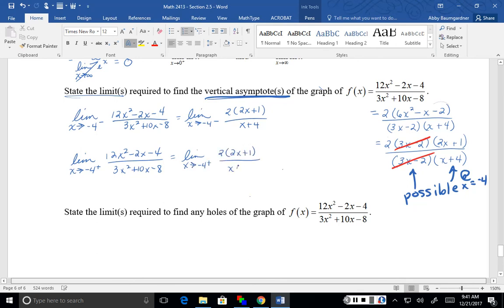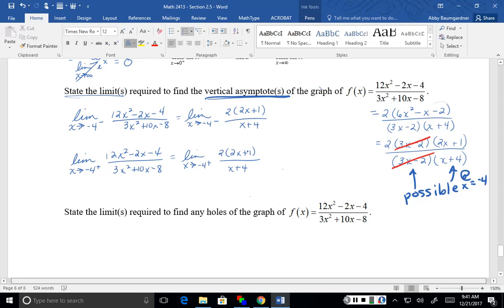Oftentimes on the exam, I will write this as a multiple choice question. So I might have one of these written out. I might have it completely worked out with the answer even, infinity or negative infinity or whatever.